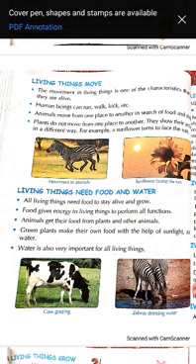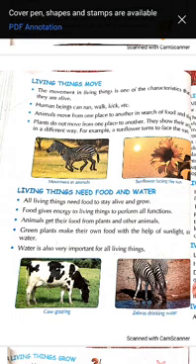Food gives energy to living things to perform all the functions. Number 3, animals get their food from plants and other animals. Green plants make their own food with the help of sunlight, air, and water.